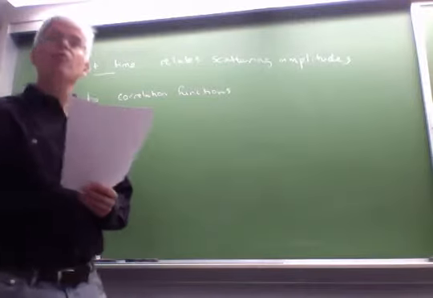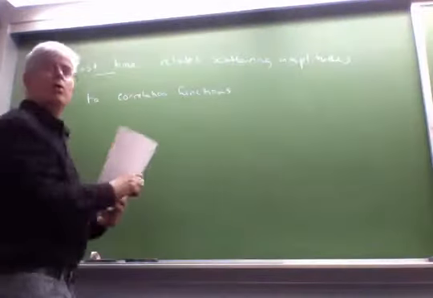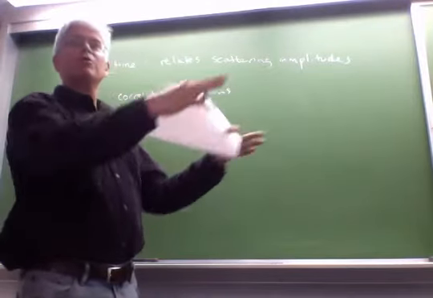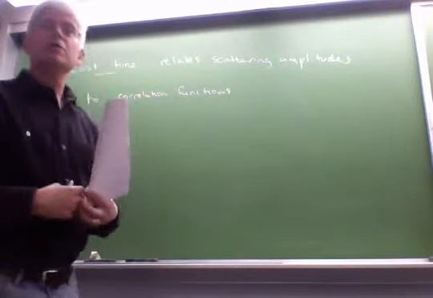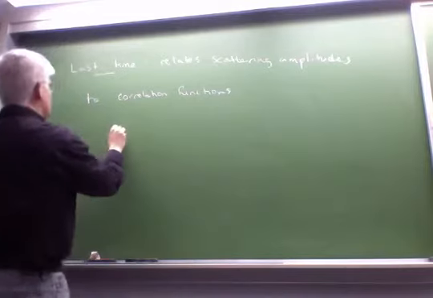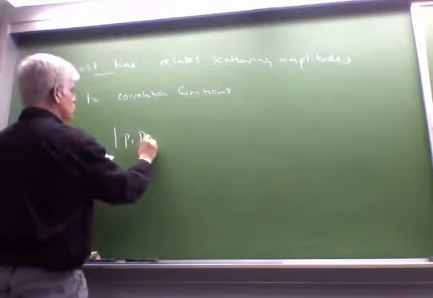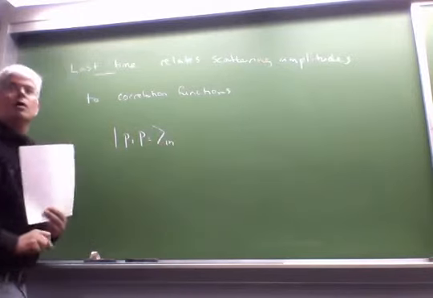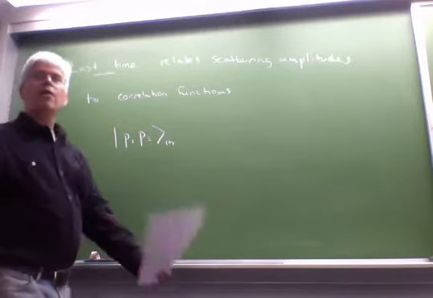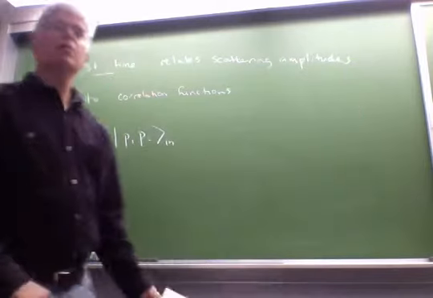So in particular, it tells us, and I'll just focus on two particles going to two particles scattering, okay? So the momenta labeling the incoming particles are P1 and P2. And so we have an incoming state far in the past with momenta P1 and P2.